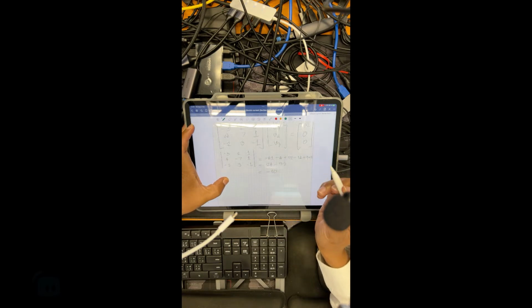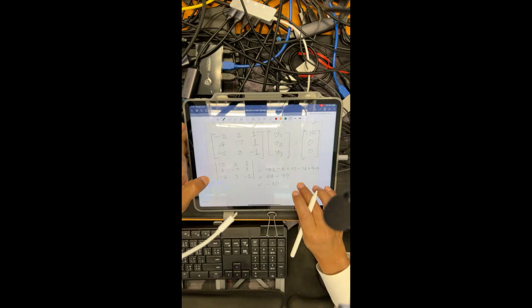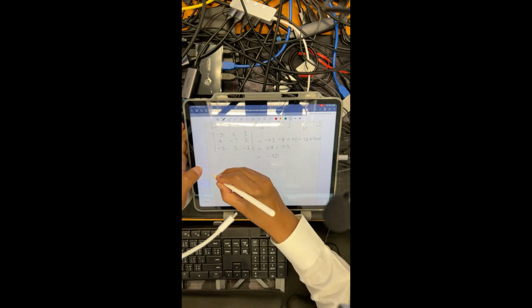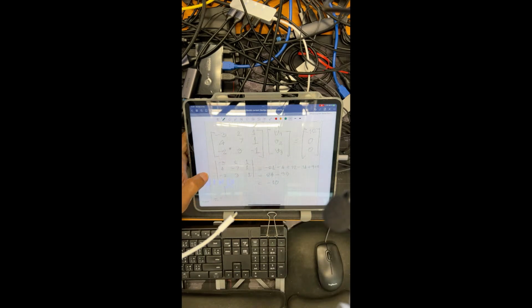So now let's consider V1, right? V1 will be determinant of the whole thing here, but V1 corresponds to the first column, minus 3, 4, and minus 2, right? If you lay out V1, V2, V3 to this matrix, V1 will pass this column, right?